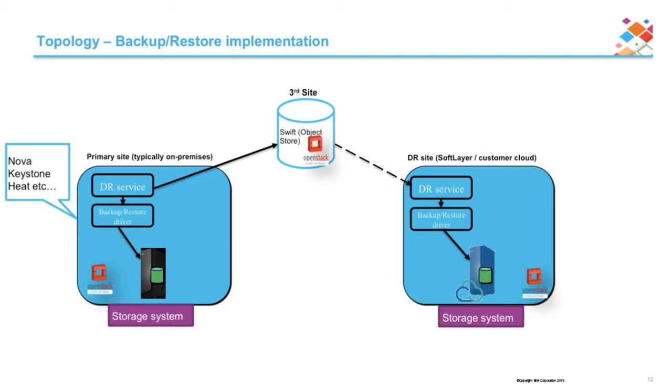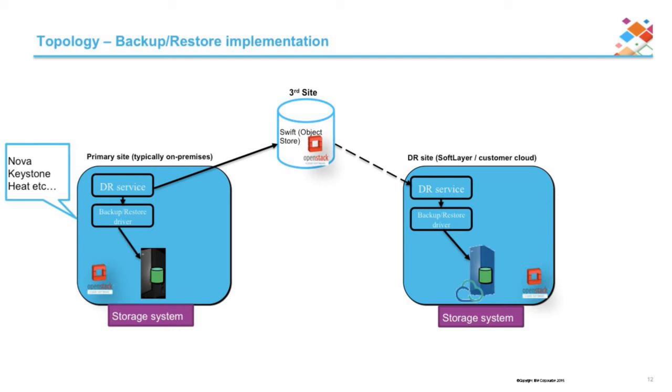So in the case of a backup restore, we define the servers with the server backup driver and the volumes with the volume backup driver. And on protect, we collect all the metadata and data and put it into Swift. The Swift is located on a third site to provide protection in case of a disaster.